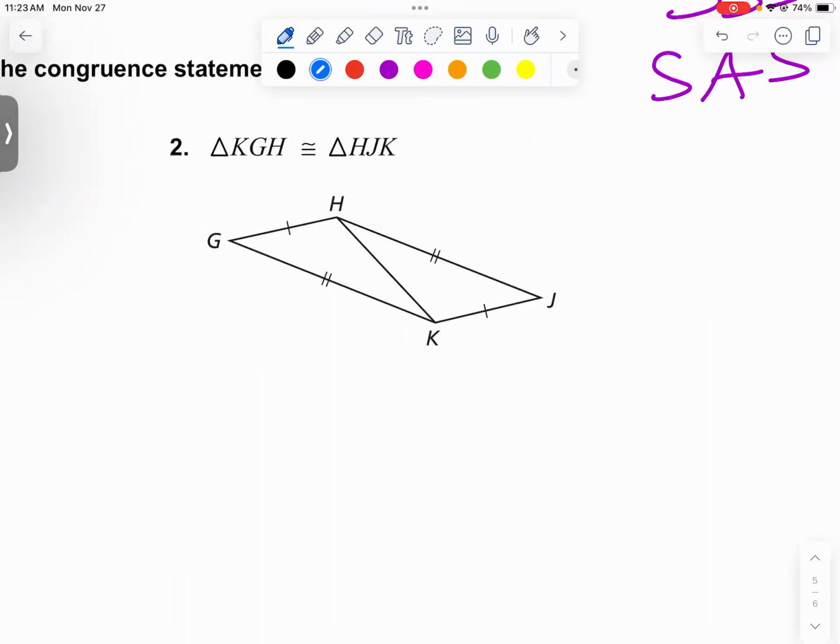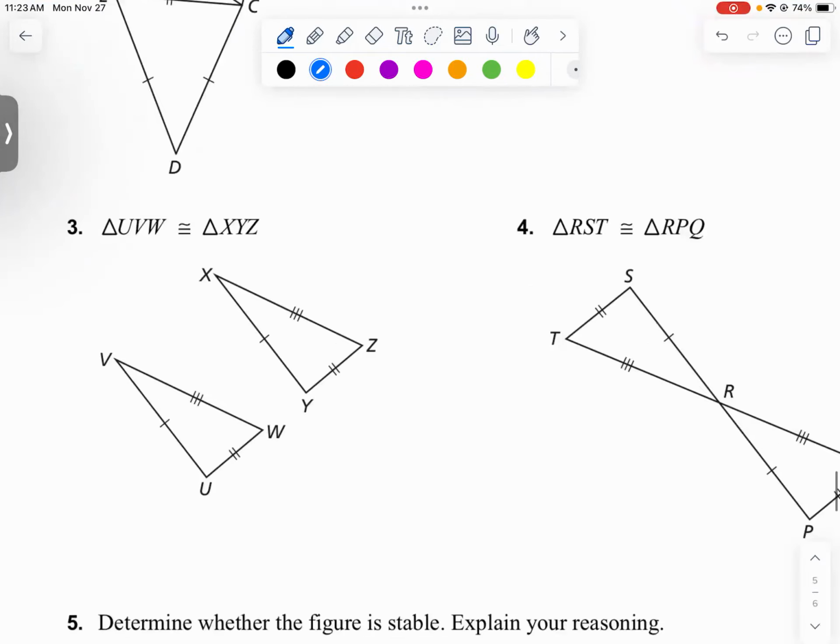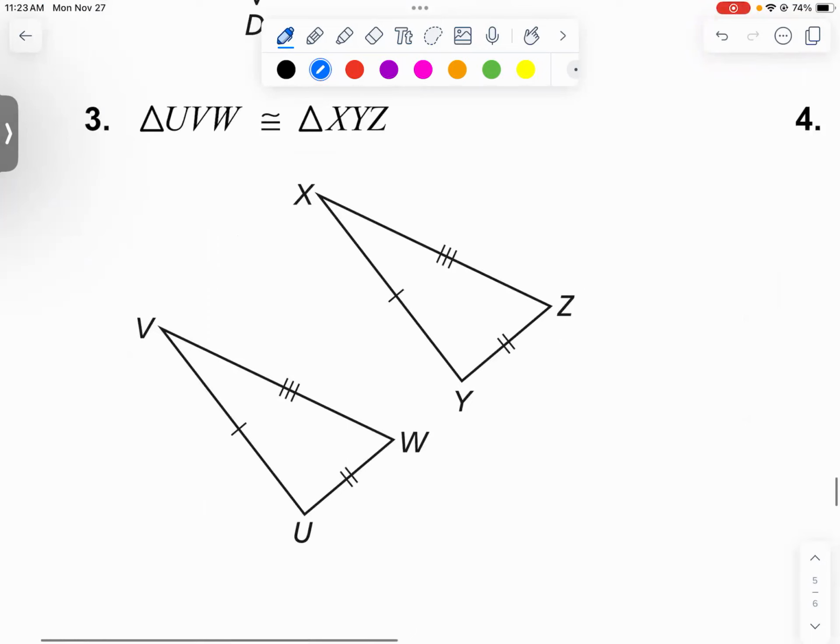What about number two? Are these congruent? Okay, we have to use a reflexive property and now we have side, side, side. All of them can be side, side, side, besides the fourth one, which should be also SAS. Okay, hold on, we're not there yet, Clark. Okay, number 3, are these congruent? Why?